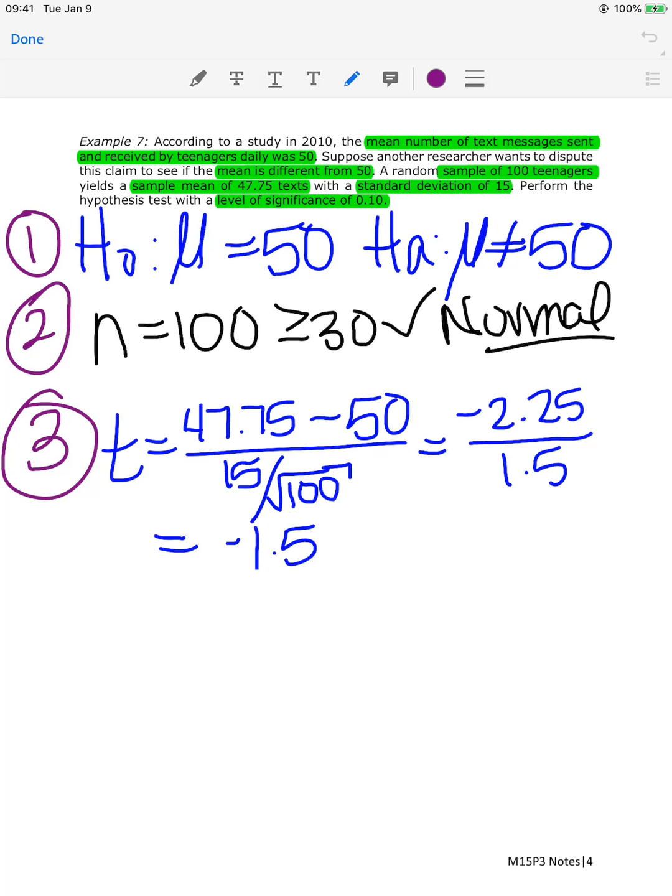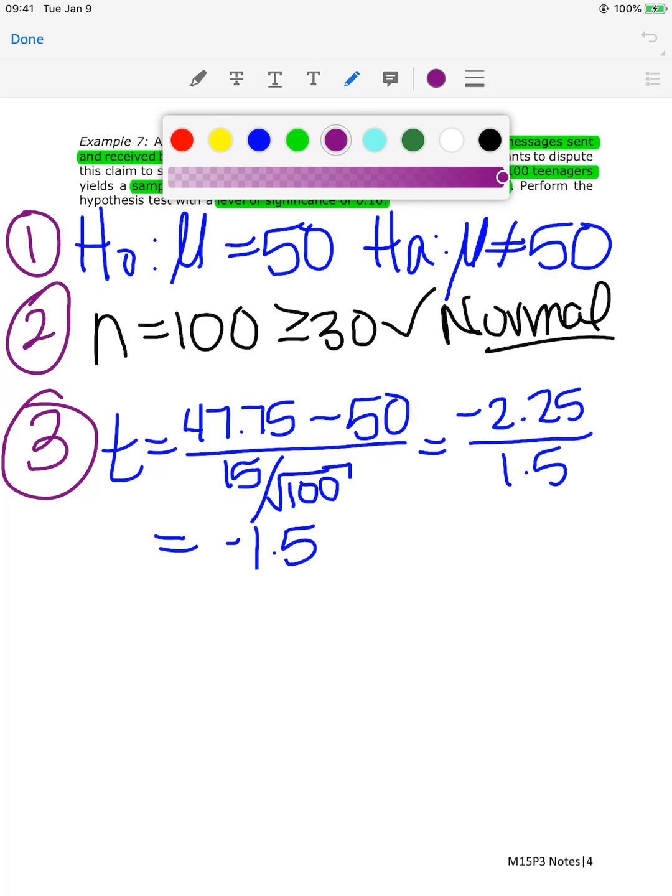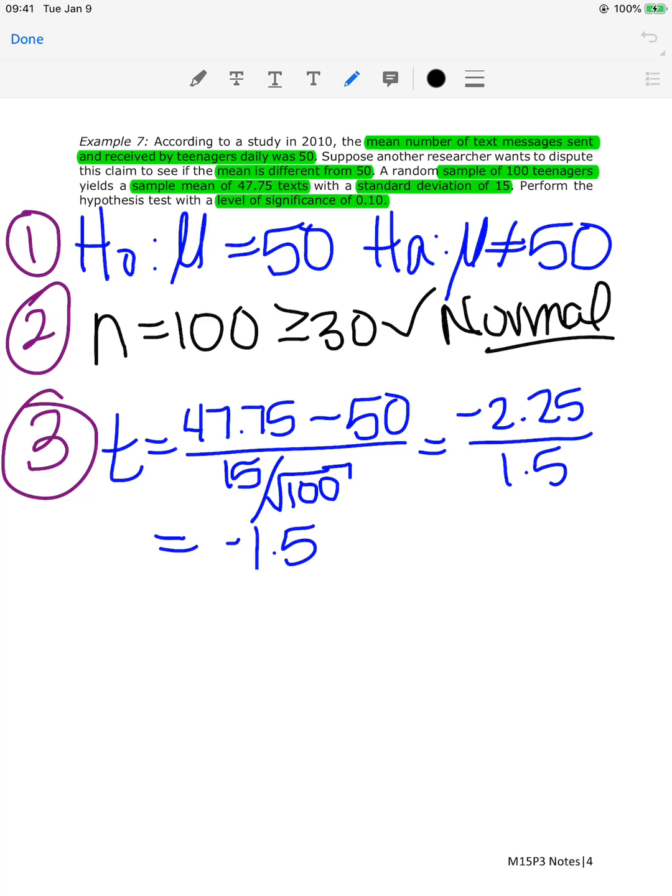So now we can calculate a probability with this test statistic. So we're going to use tcdf because this is a t, not a z. And again, this is a two-tailed test, and we ended up with a negative t-score. So we're going to treat this as if it's left-tailed and then multiply the answer by 2.